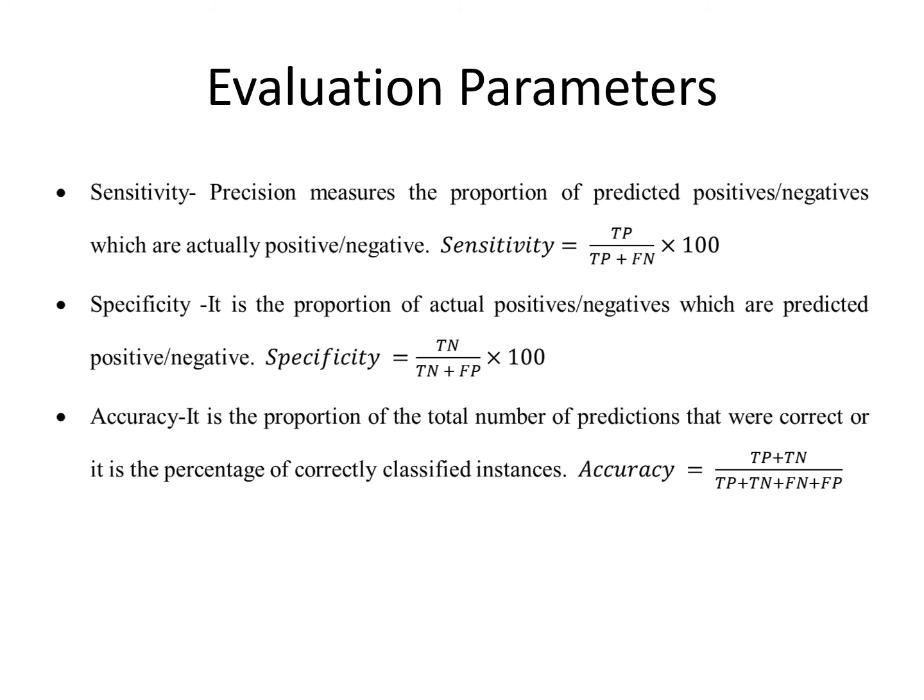Then specificity, it is the proportion of actual positives or negatives which are predicted upon positive or negative. It is equal to true negative upon true negative plus false positive. And the accuracy, it is the total number of correct predictions divided by total number of predictions made for the data set. Accuracy is true positive plus true negative upon total.